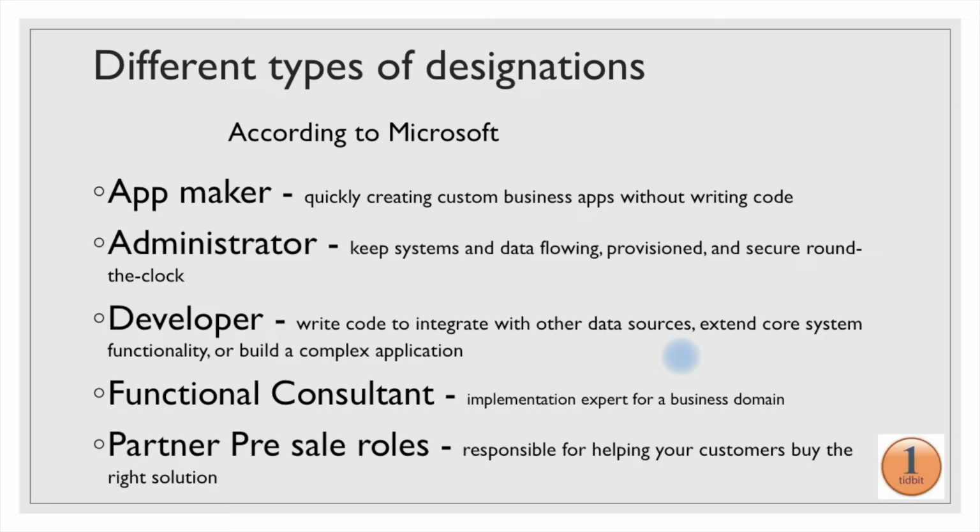If you are keeping the systems and data flowing, provisioned and secured round the clock, you can be called a Power Automate administrator. If you're writing code to integrate with other data sources, extending core system functionality, or building a complex application, you can be known as a Power Automate developer.